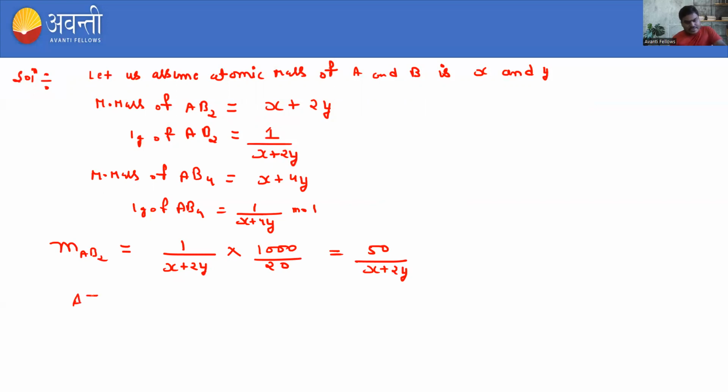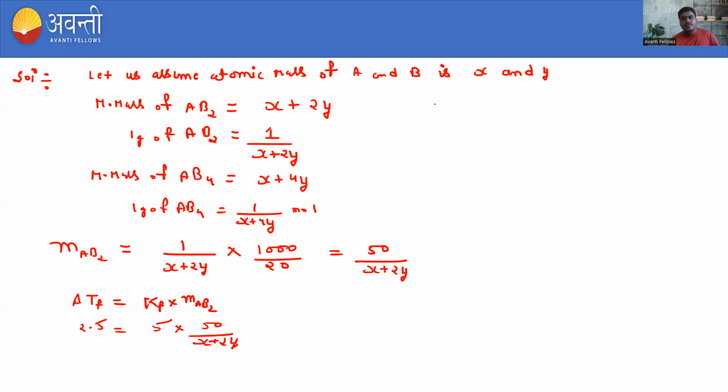Now we know what delta TF is. Delta TF is KF into the molality of AB2. The value of KF is already given, and delta TF is also given. Just put the value of molality of AB2, which is 50 upon X plus 2Y.